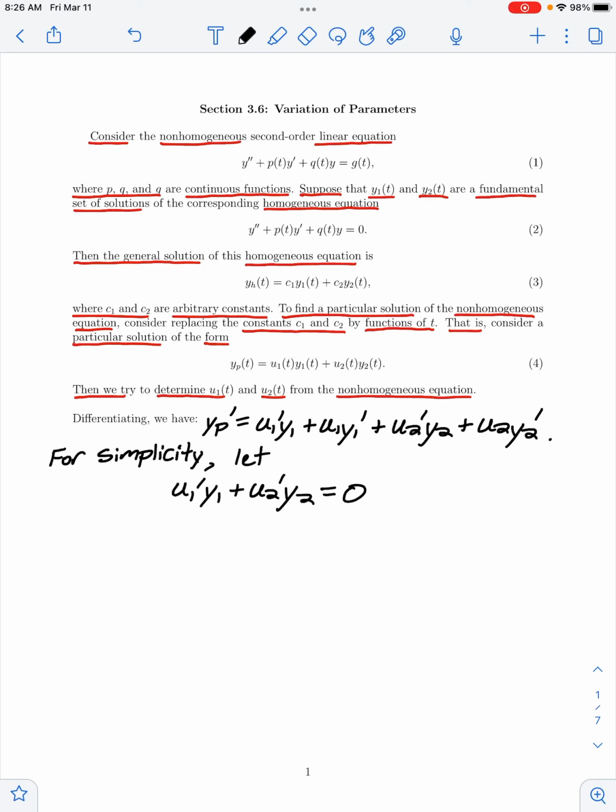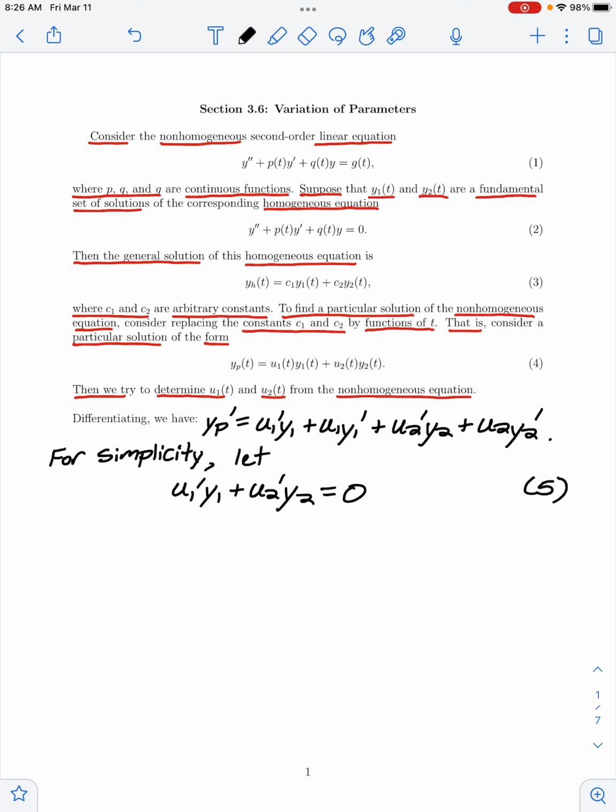And again, we're doing this so that when we find our second derivative of the particular solution, we will not have terms involving the second derivative of u1 and u2. Now, I'm going to reference this equation a little bit later, so let me number this. This will be equation 5.